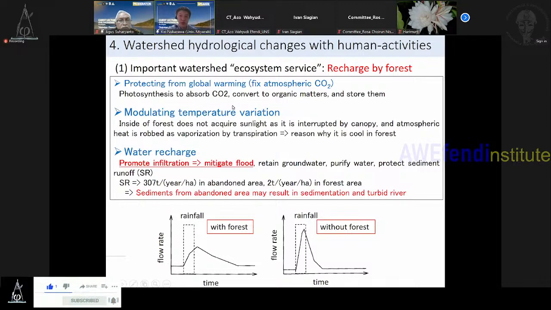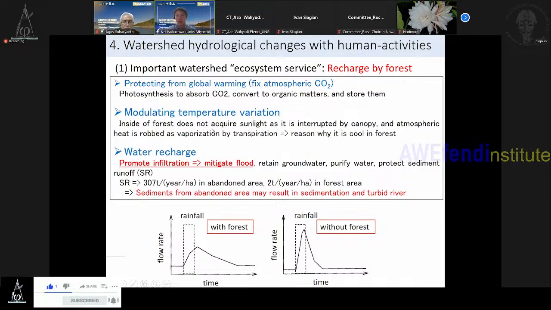So forest has many ecosystem functions, like protecting from global warming, because plants and vegetation photosynthesize to absorb CO2 and convert such carbon to organic matter and store or fix it in their body. And also forests modulate temperature.